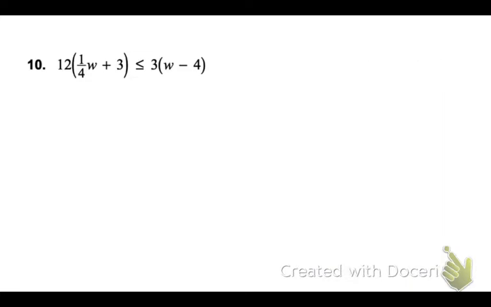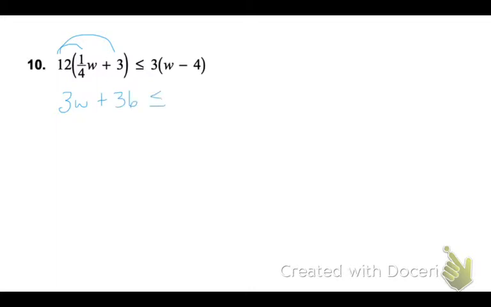All right, let's try number 10. Number 10 has some parentheses, so we want to simplify first. So we're going to distribute. Remember, you want to distribute to both terms inside the parentheses. So 12 times 1/4 is the same as dividing 12 by 4, so 3w. And 12 times 3 is 36.